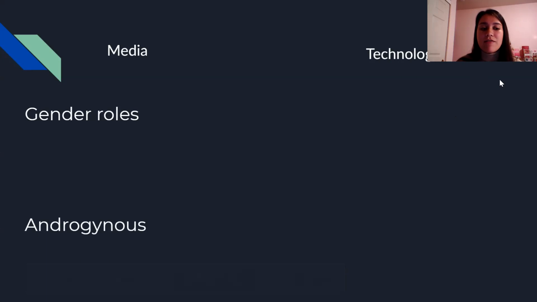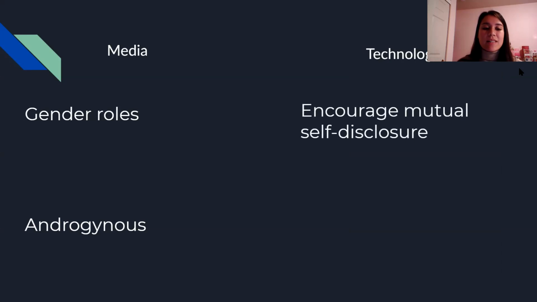And technology affects both communication and relationships. Networking has become a big part of our lives, and the internet is now a setting where we may build some of our friendships and romantic relationships.